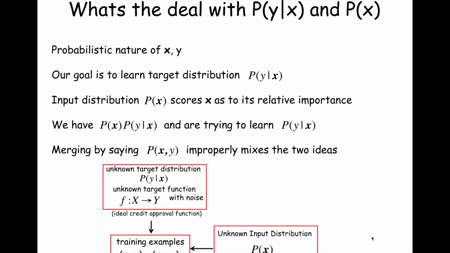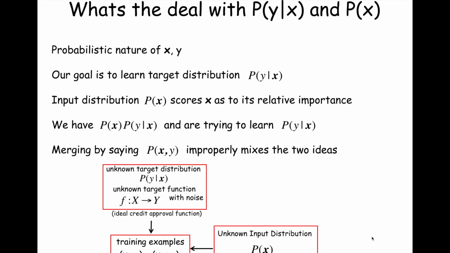You can think of this probability P of X as scoring the feature vector values as to their relative importance. And if you think about it, the important feature vectors are the ones that you see more, right? And so, for example, DSU, given the jacket colors, if you see a lot of cherry red and Carolina blue together, well, those are more important because they have to do with DSU's colors, right?